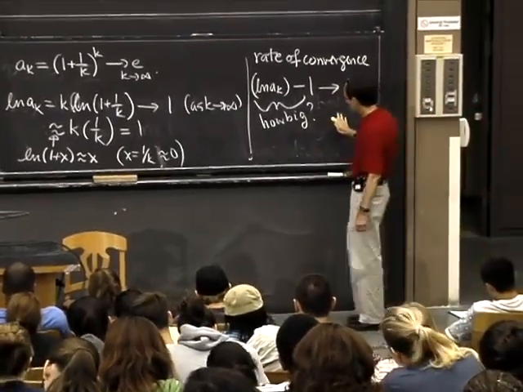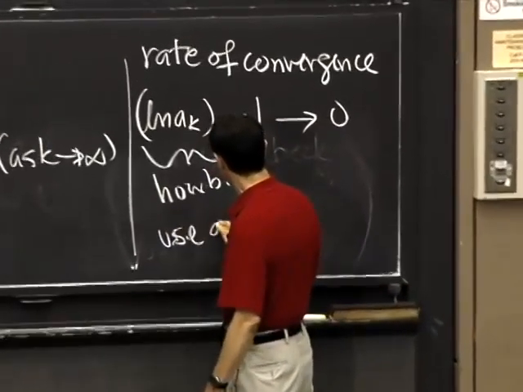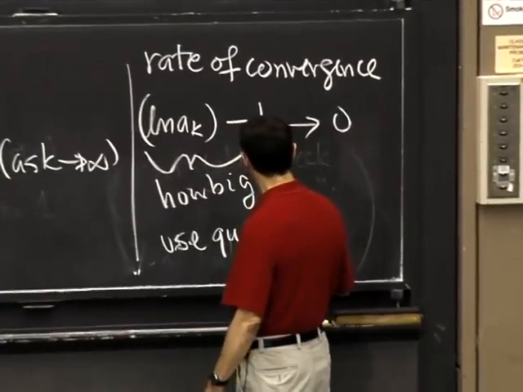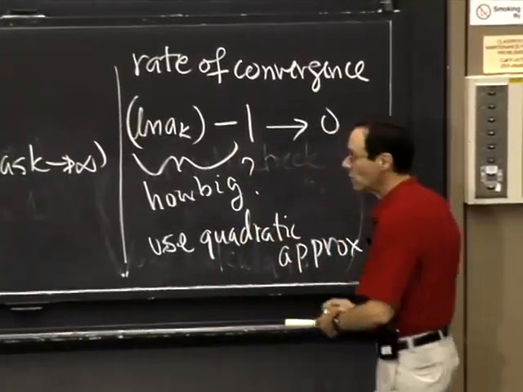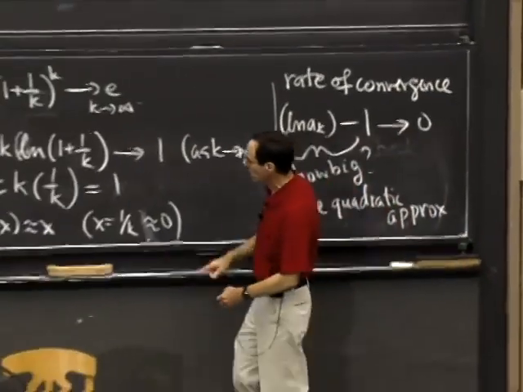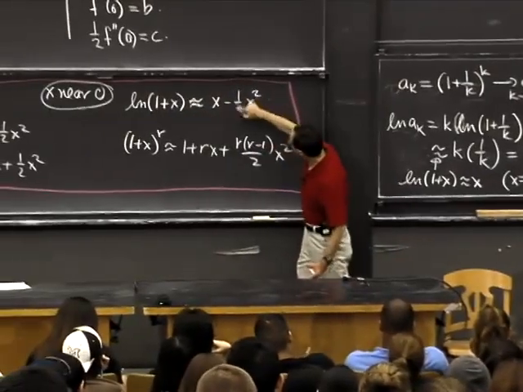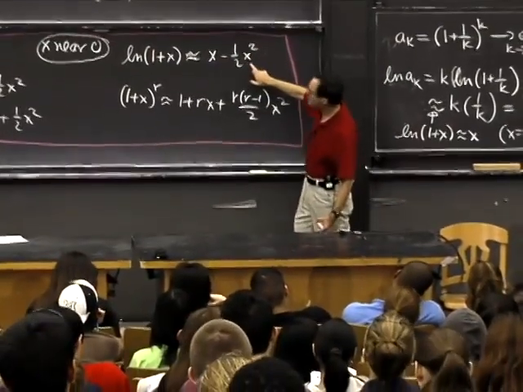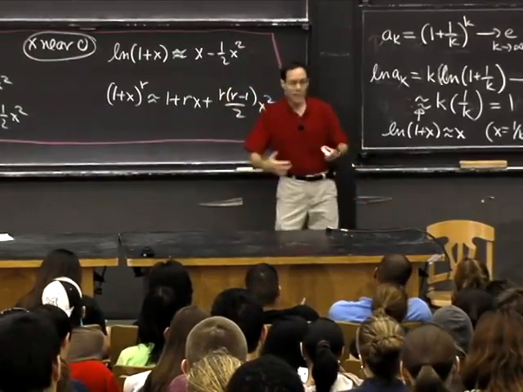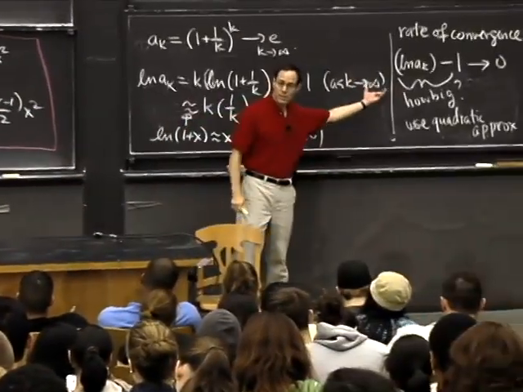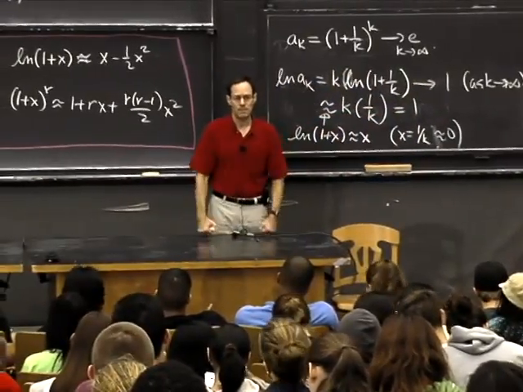And the answer just uses the quadratic approximation. If I have a little bit more detail than this expression here, in other words, the next higher order term, this is like 1 over k, this is like 1 over k squared, then I can understand how big the difference is between the expression that I've got and its limit.